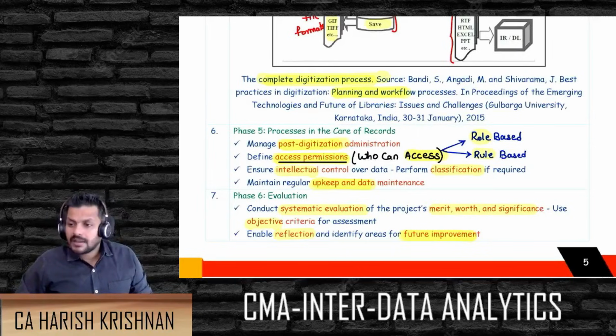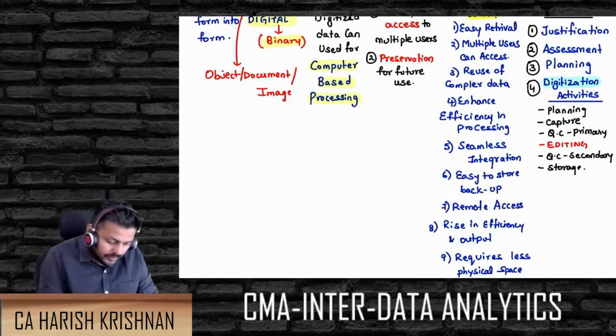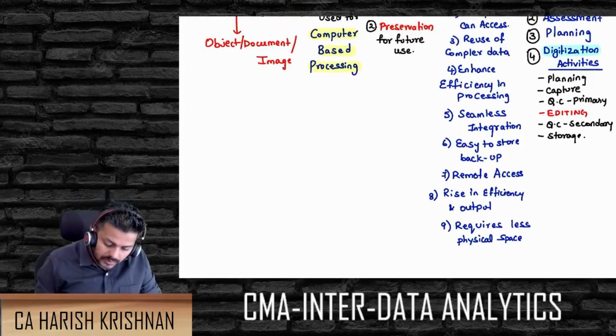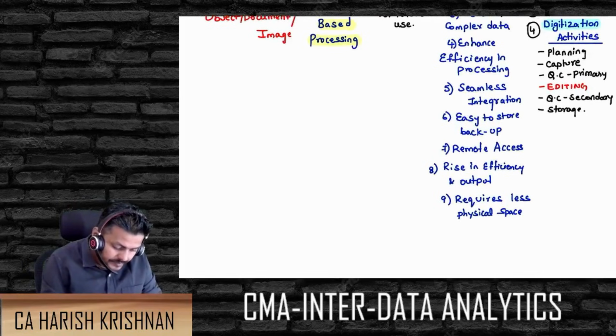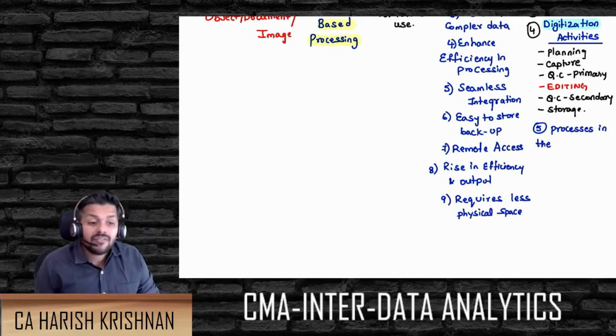So coming back to this story, guys, we discussed 4 steps. Phase 5 is point number 5, processes in the care of records.